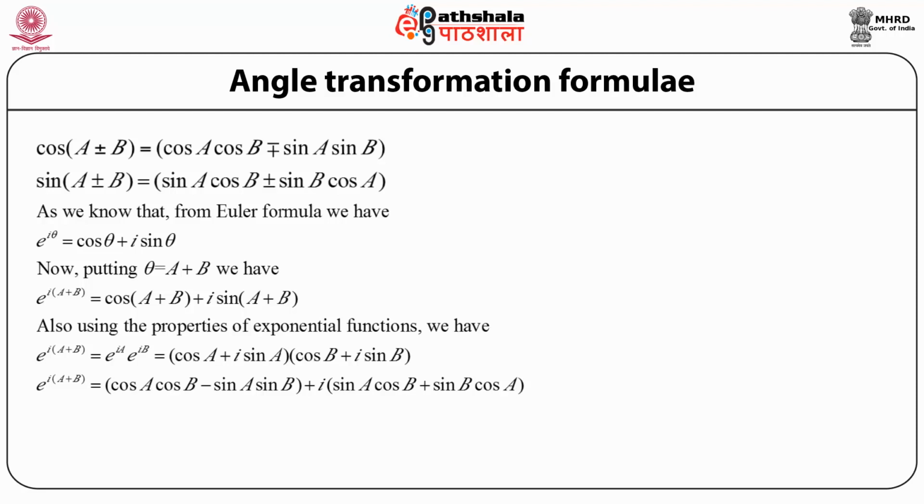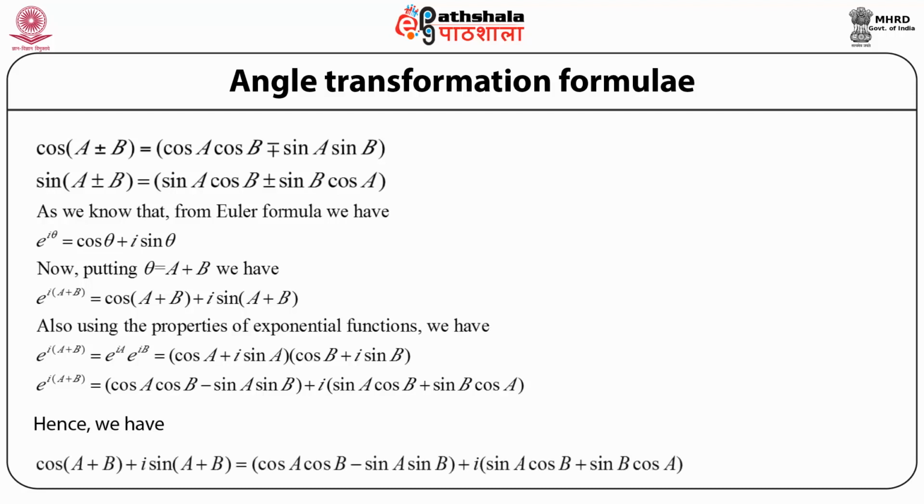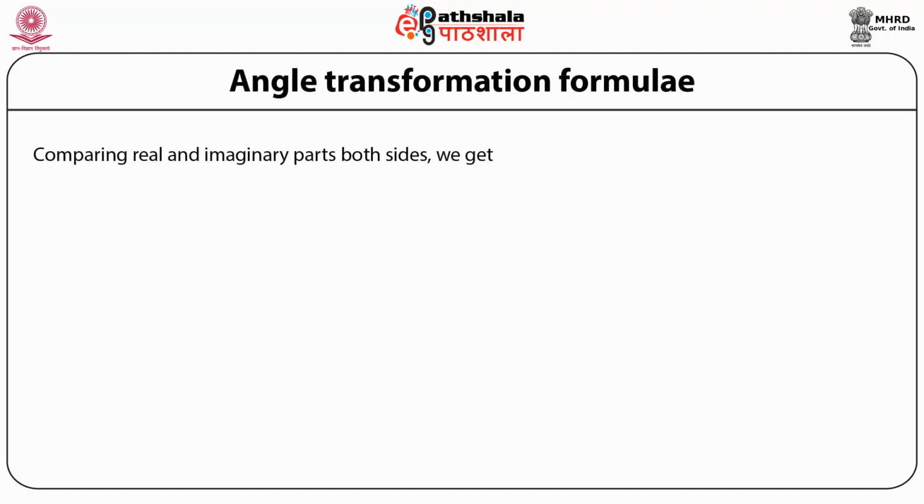Therefore we can multiply these two like complex numbers, which will lead to cos A cos B minus sin A sin B plus i times sin A cos B plus sin B cos A. Hence we have cos of (A plus B) plus i sin of (A plus B) equal to cos A cos B minus sin A sin B plus i times sin A cos B plus sin B cos A. So we can compare the real and imaginary parts of both sides.